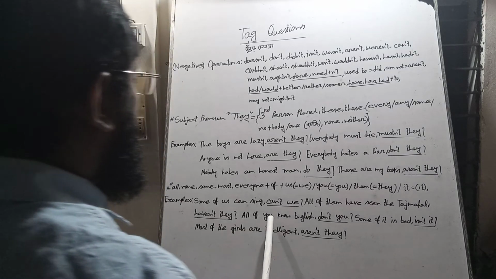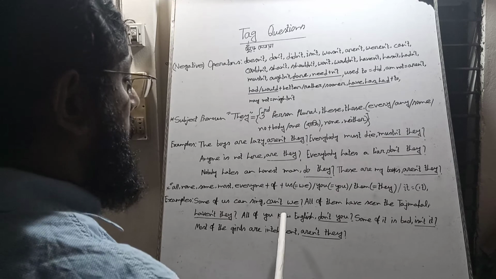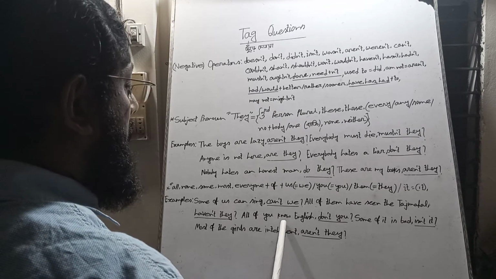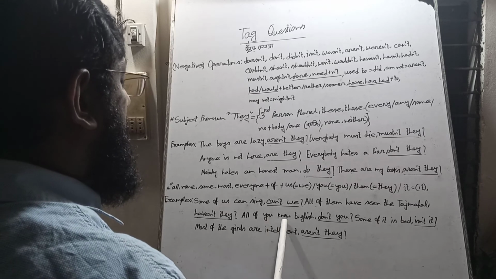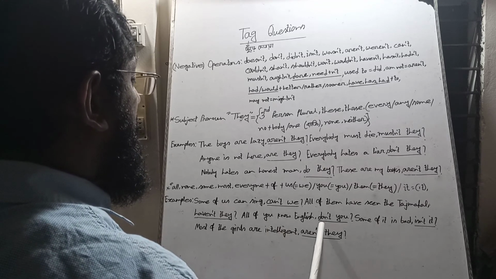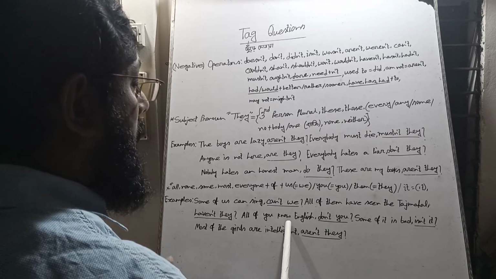All of you. We know you is the subjective form and also the objective form. So, all of you know English. It is present indefinite tense, subject plus present form of main verb. So we bring do as the auxiliary verb in this sentence, for present indefinite tense.